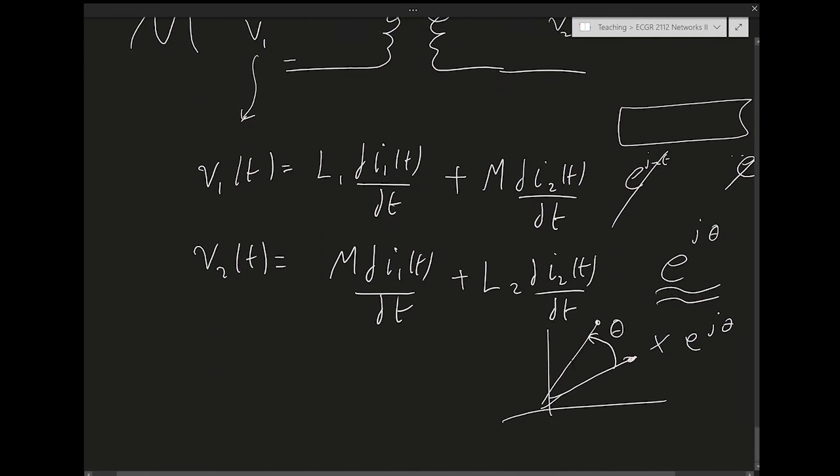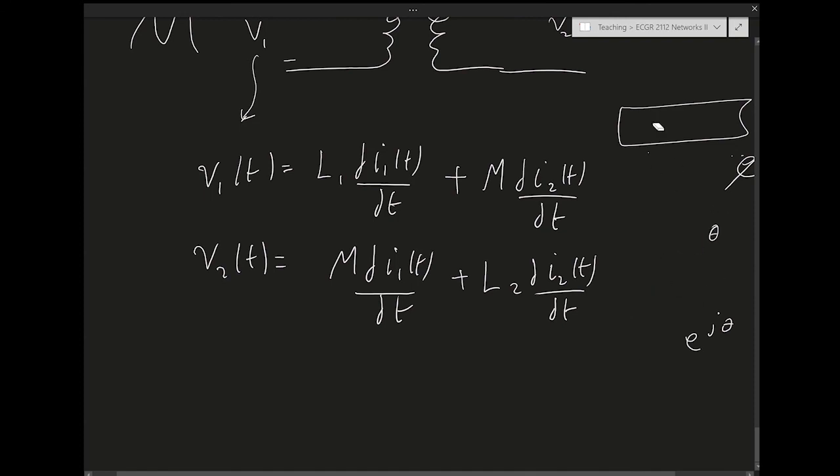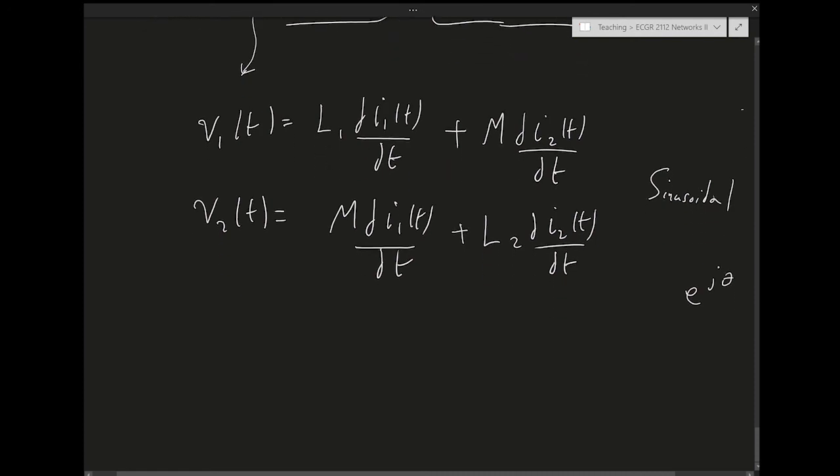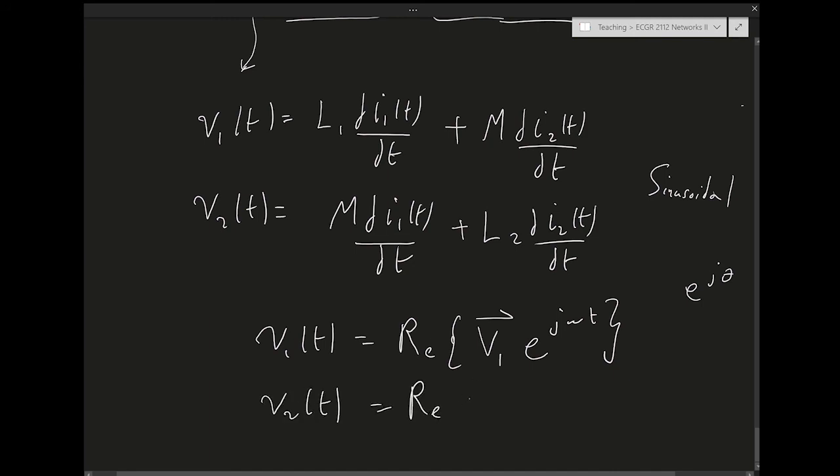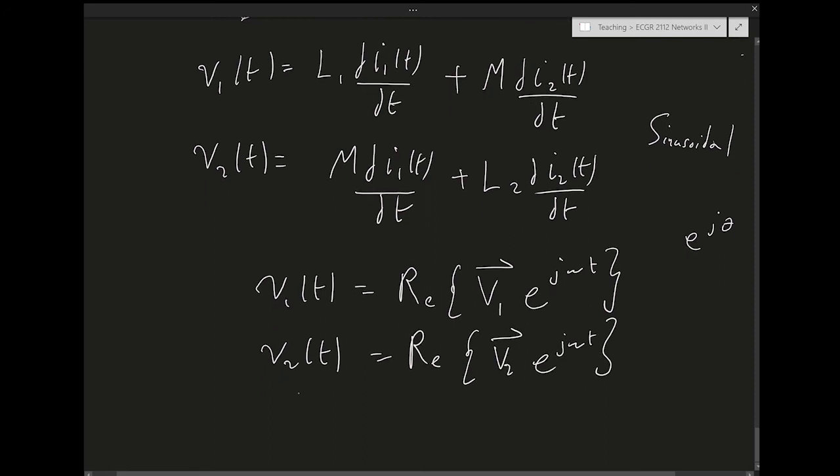I'm interested now in writing this in phasor form, meaning I'm assuming at this point that the voltages and the currents are all sinusoidal. I know that V1(t) equals the real part of V1 phasor e^(jωt), and V2(t) is the real part of the V2 phasor times e^(jωt).